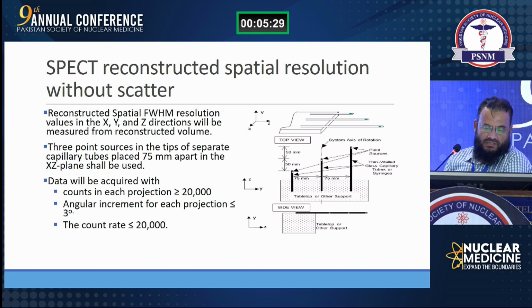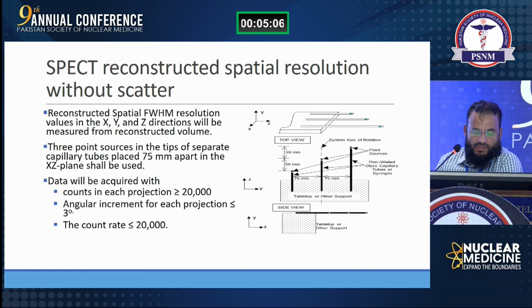3 point sources in the tips of separate capillary tubes placed 75 millimeters apart in the XZ plane, the transverse plane, shall be used. Data will be acquired with counts in each projection greater than 20,000. Angular increment for each projection should be less than 3 degrees.